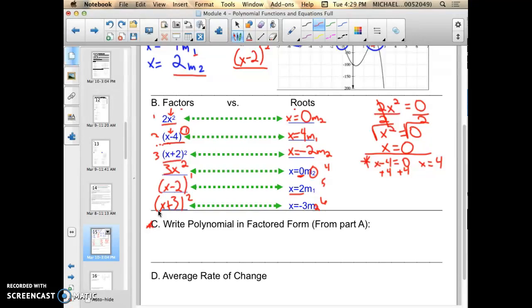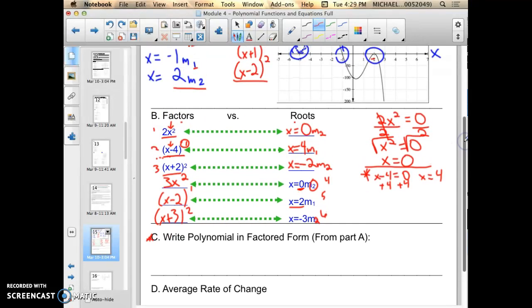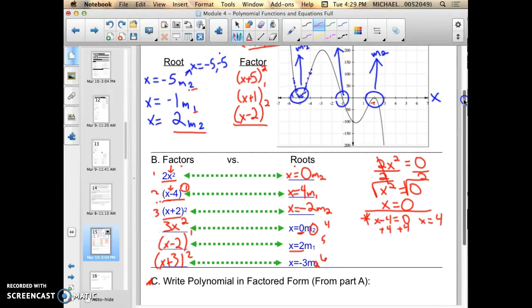So you should be able to see the relationship between multiplicities and the powers. Multiplicities in the root form versus powers in the factored form, because that is a key skill, because now we're going to write the polynomial in factored form using powers instead of multiplicities.